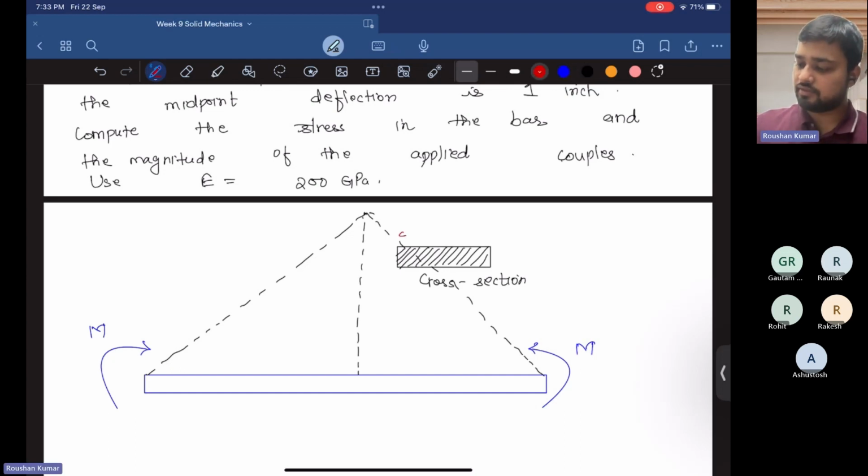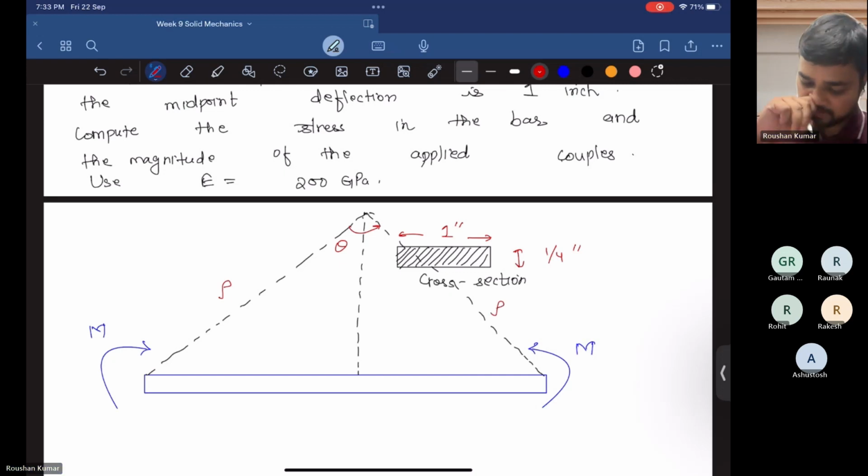The dimension of the cross section is 1 inch and 1 by 4 inch. This is angle theta, and this distance is rho, this is also rho. The length of this bar is 20 inch and this is also 20 inch.